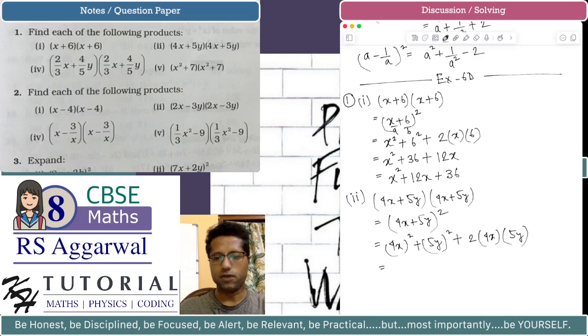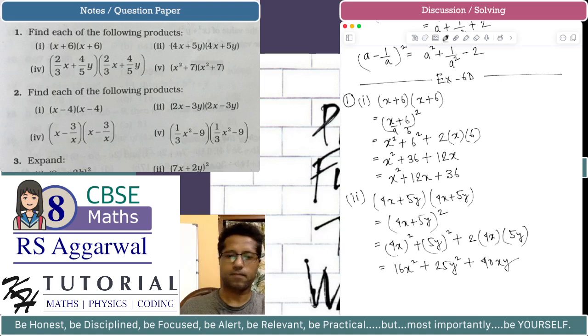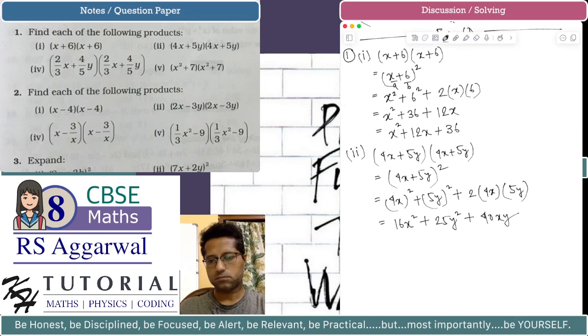So this is 16x square plus 25y square plus 2 into 4x into 5y. We multiply all the numerical coefficients and it becomes 2 into 20, so 40xy. Okay, so this is the result.